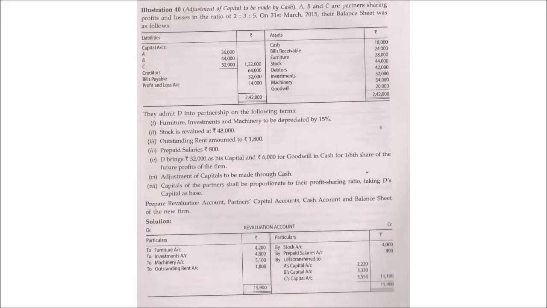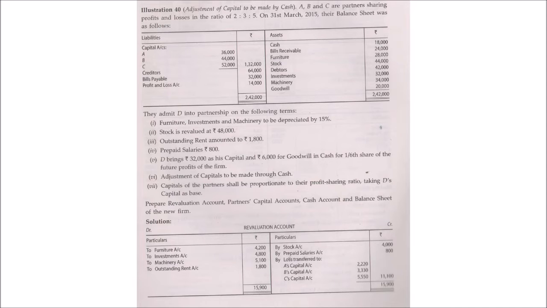Now it is easy to calculate. So 1 minus 1/6 is equal to 5/6. So this 5/6 we are dividing among old partners in their old profit sharing ratio. Now A's new share is 5/6 multiplied by 2/10. That is 2/12. Then B's share is 5/6 multiplied by 3/10. That is 3/12.